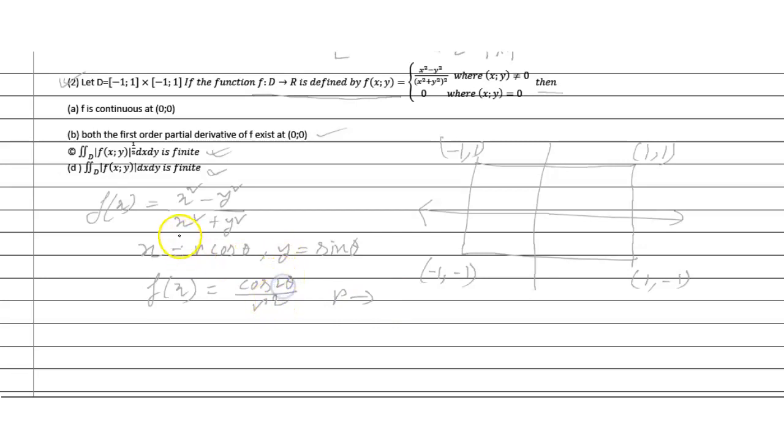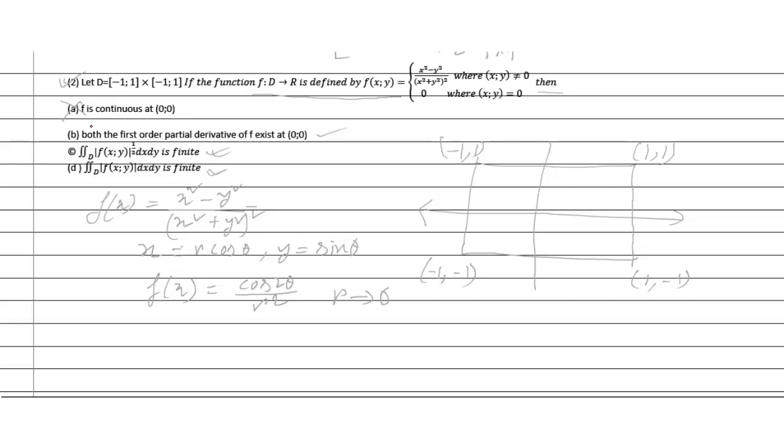Sorry, it is r square. So cos 2 theta over r square, and r tends to 0, so it is infinity. So f is not continuous at 0, 0.